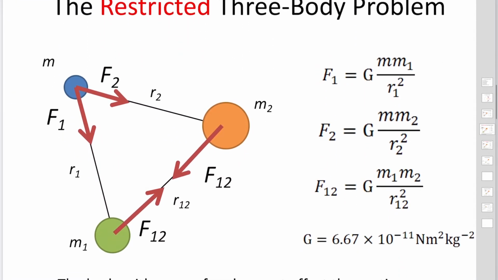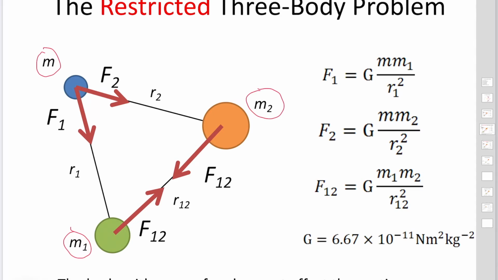So we have to simplify the problem, that is the restricted three-body problem. In this problem, we consider the mass m is much smaller than the masses m sub 1 and m sub 2.